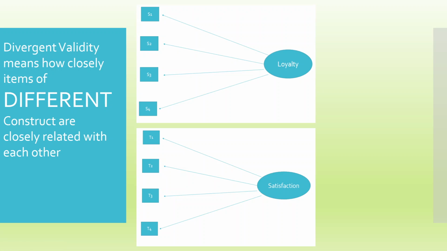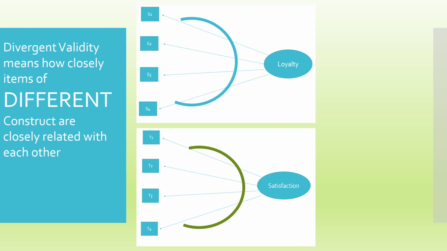Divergent validity means how closely items of different constructs are related with each other. It means that there should be a weak correlation among the measured variables of different constructs. I'll explain it in a simple way. We require a good degree of correlation among the statements of loyalty.